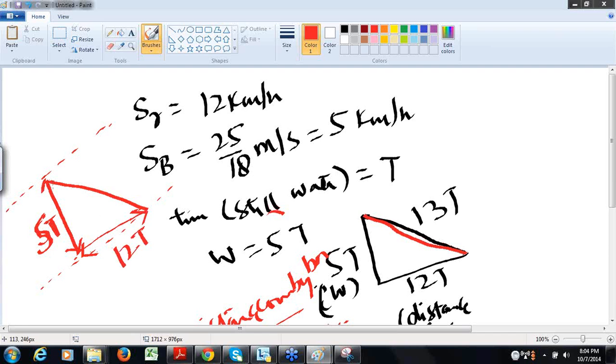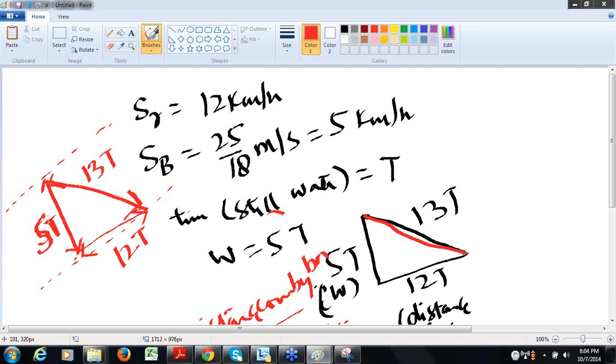So the effective distance that the boy traveled will be 13t. Got it, everybody? So the effective distance is 13t and the width is 5t. So how many times? 13 by 5, that is 2.6.